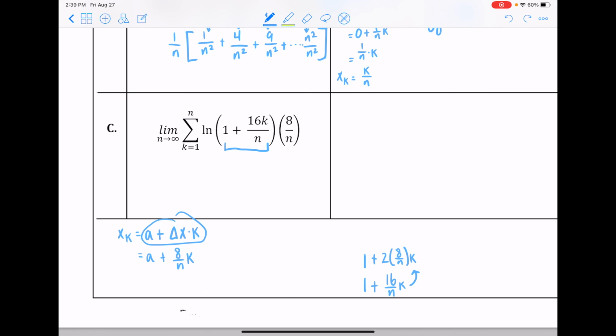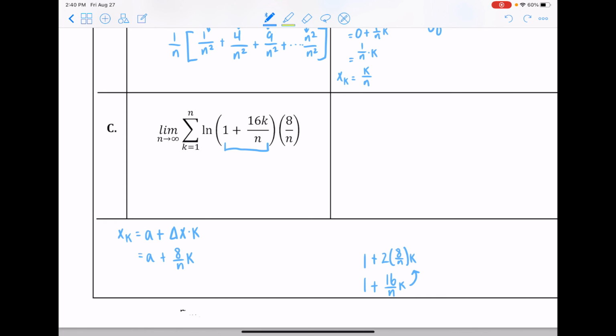Now, the problem is that this and this are not matching in the way that they're supposed to be matching, right? So what we need then is to get rid of this 2 because you can't just double the delta x here, right? For us to find the x coordinate of the kth rectangle, it needs to truly be delta x times k here. So what we need to do is pull this 2 out.